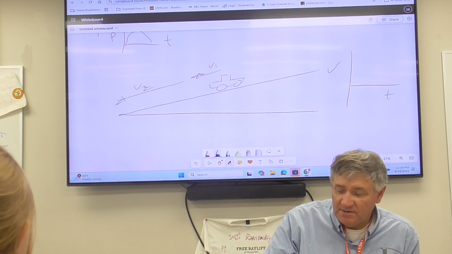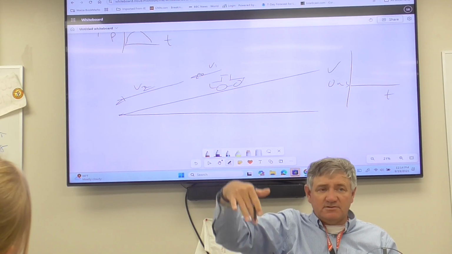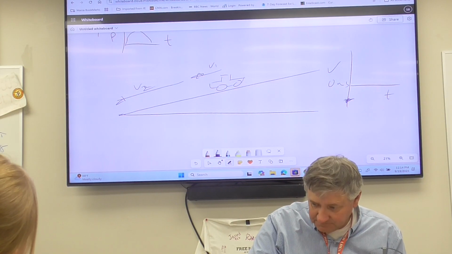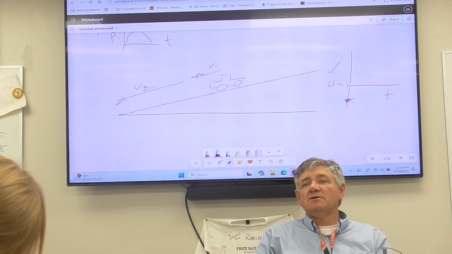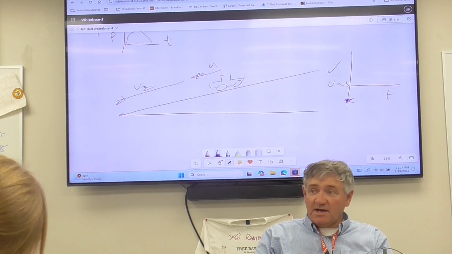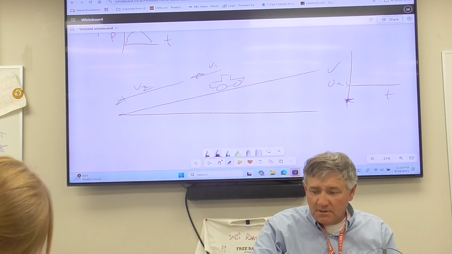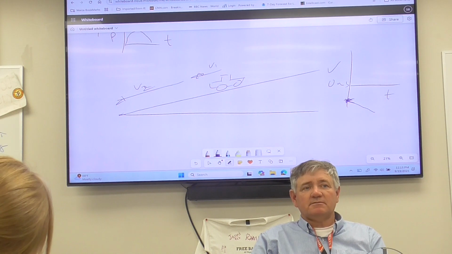Where would it start? Here's 0 meters per second. Are you going to start with positive velocities or negative velocities? Negative velocities, right? And it's speeding up. So what's that line going to do? Slope up or slope down? Are you speeding up with negative acceleration? Yes.